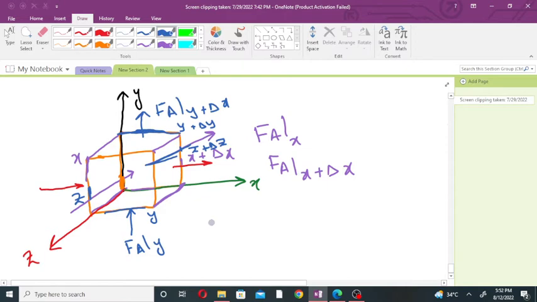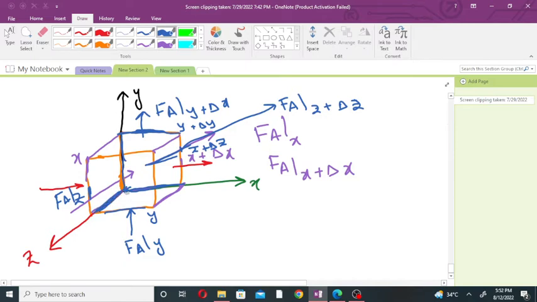So the molar flow rate of component A entering through the z direction is Fa at z position, and leaving it, suppose I am writing it here in this place, Fa z plus delta z. And this is the delta x, this one is the delta y, and this one is the delta z.